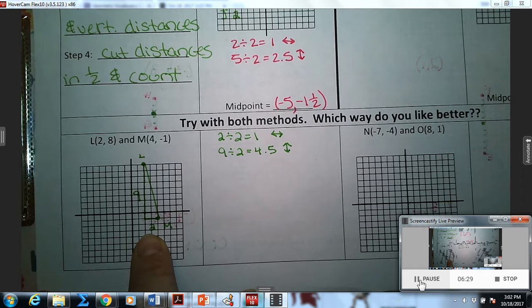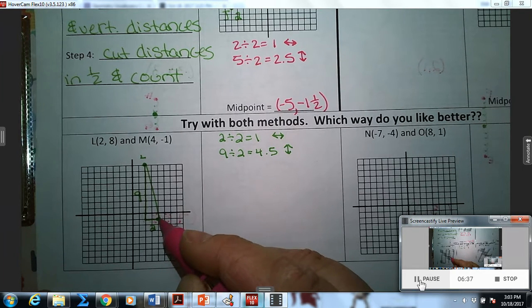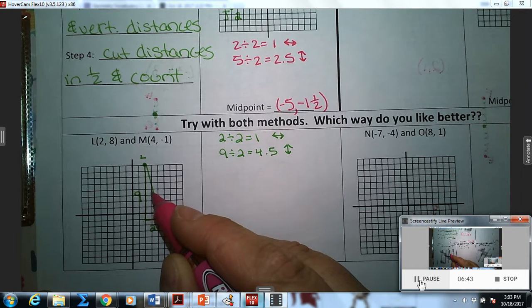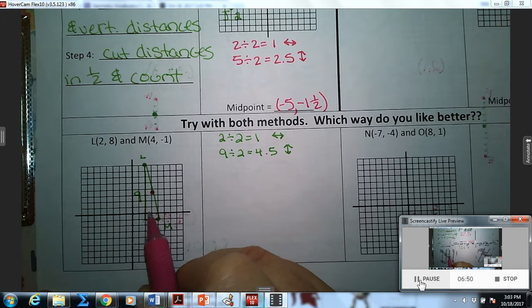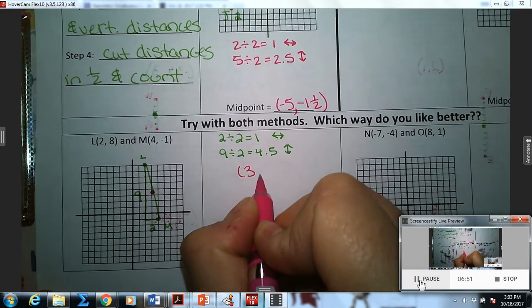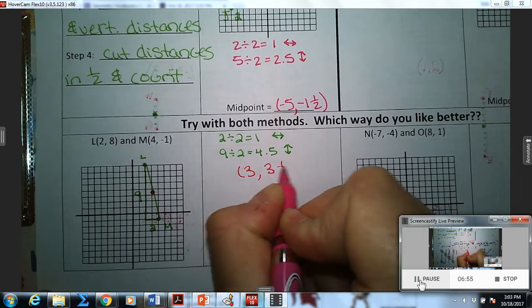Horizontal distance of 2 divided by 2 is 1. Vertical distance of 9 divided by 2 is 4.5. So that's what I need to count. I'm going to start at M, go horizontal 1, vertical of 1, 2, 3, 4.5. So the midpoint is at 1, 2, 3, and up 1, 2, 3.5.